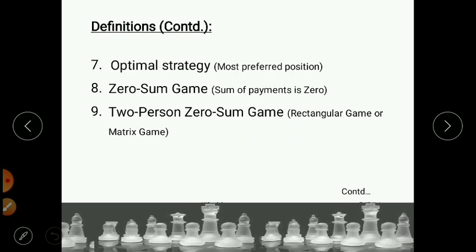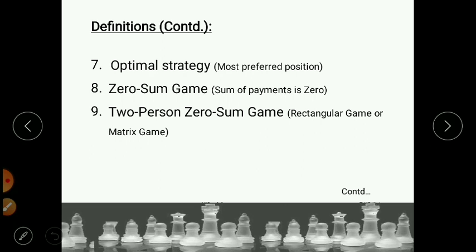The seventh important definition is the optimal strategy. Now, having learned about the pure strategy and the mixed strategy, what can be called an optimal strategy? Optimal strategy is any strategy that puts the player in the most preferred position, a position in which the player wants to be, irrespective of the strategy of his opponents.